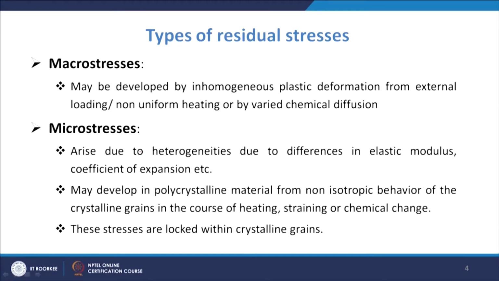Basically they are on the larger scale, which is why they are known as macro stresses, because of the inhomogeneous plastic deformation which occurs during welding. You have melting and then plastic deformation at that particular high temperature. That is because of the non-uniform heating and also because of the external loading.